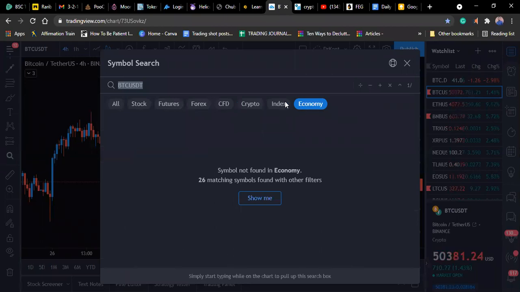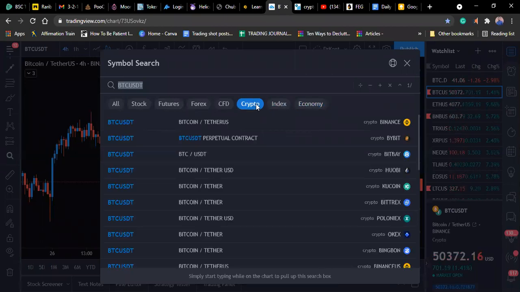So it is a trader's one-stop service for everything charting. If you want to chart anything, it's available on TradingView.